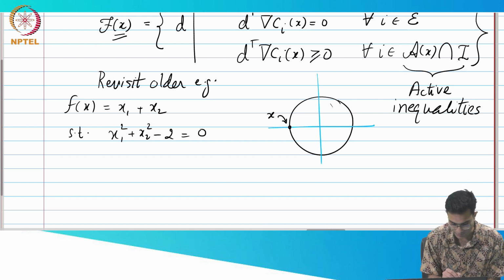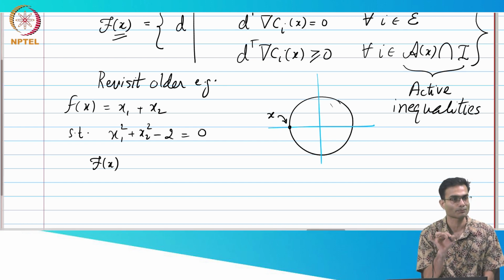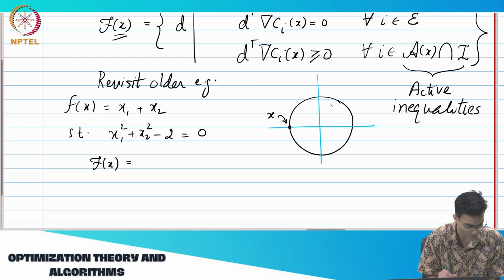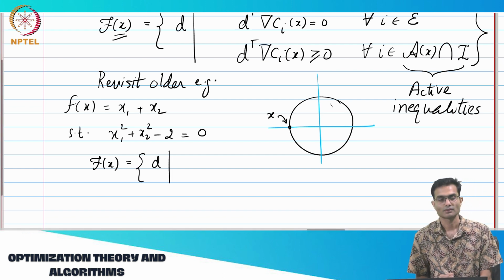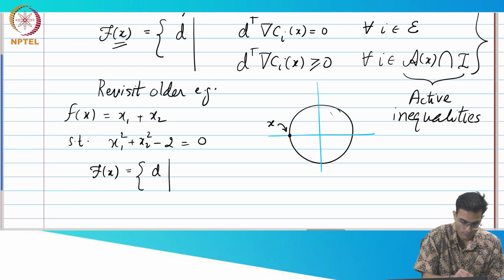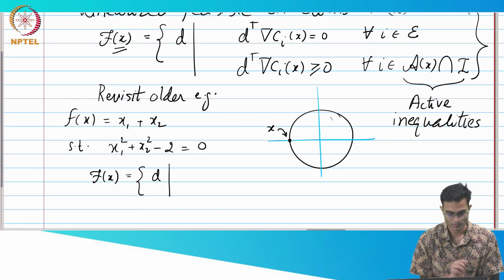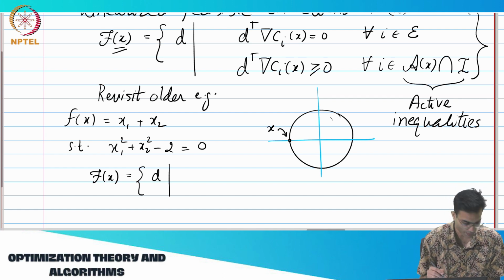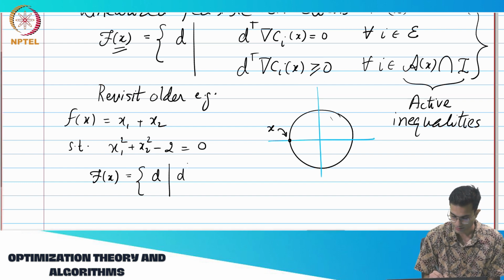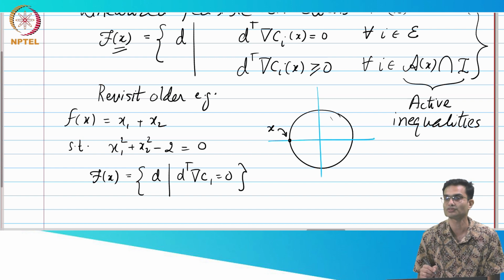So having this definition in mind, at this point x, if I ask you what is d, how do we define it? What will we write? d transpose grad C1 equal to 0, right? This is the set of feasible directions.